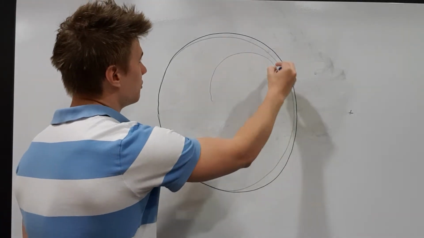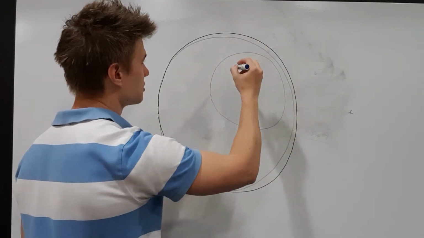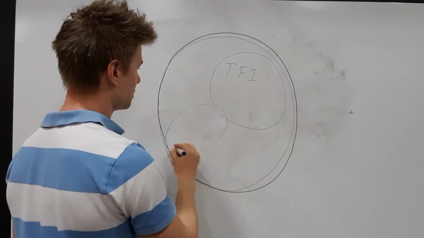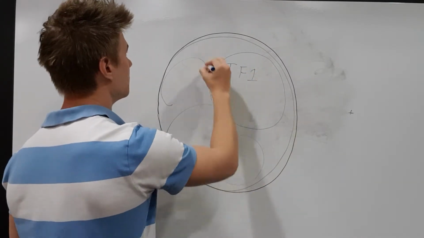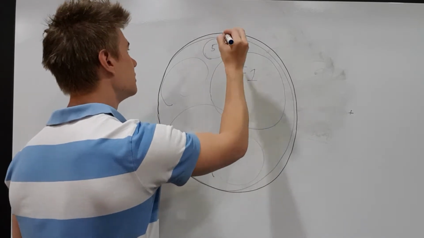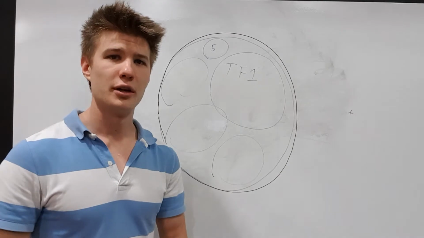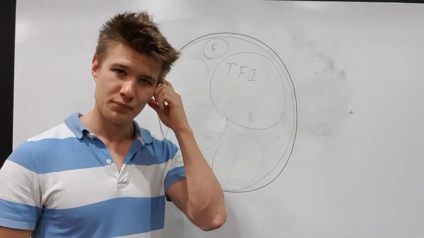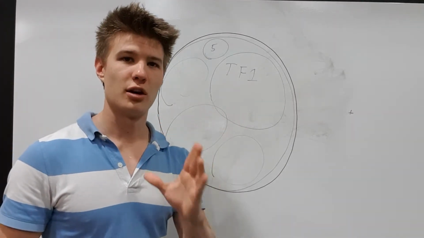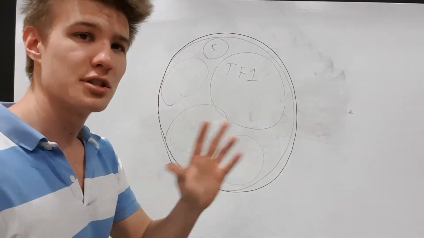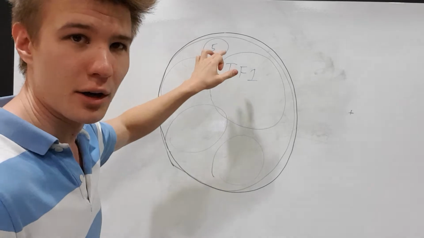So we might have transcription factor 1, which regulates this area, number 2, number 3, number 4, number 5. In this example, transcription factor 5 regulates a relatively small area of the genomic space, but that's okay, because it's the only way to hit this specific area of the genome that we're trying to target.